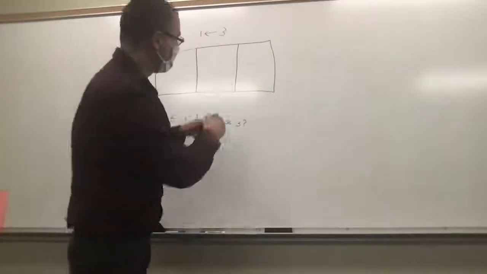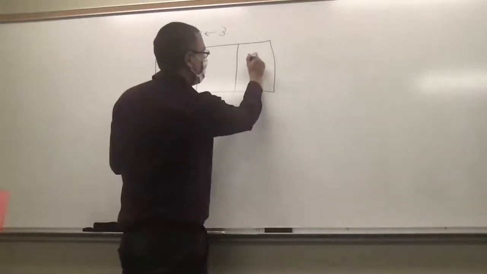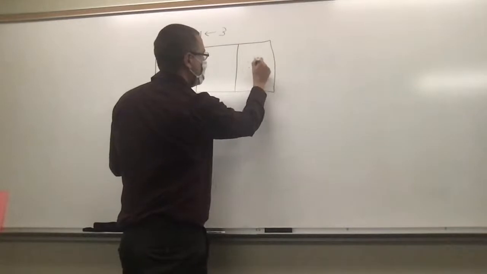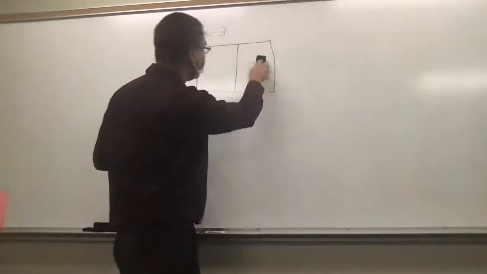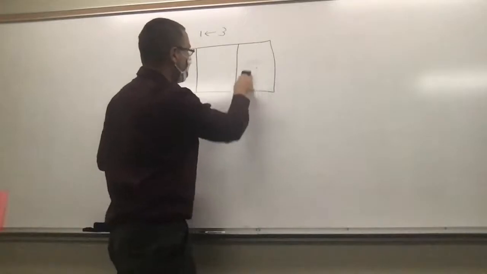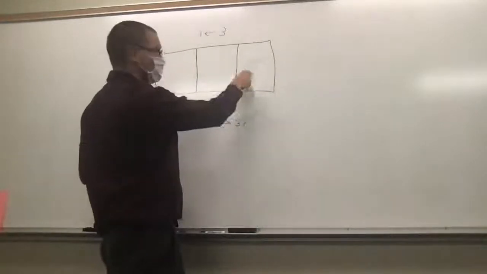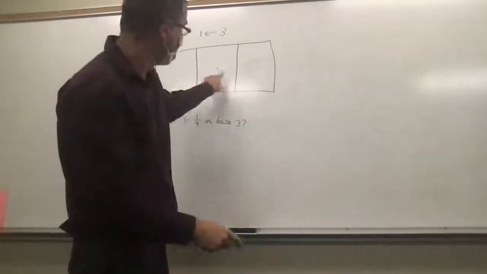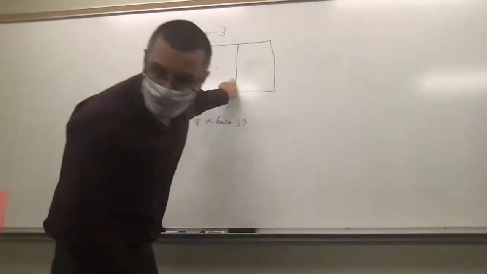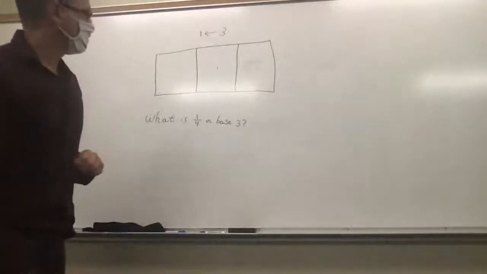So if we put in 4 dots, 1, 2, 3, 4, we have an explosion. 3 of these dots explode, kapow, and they become 1 dot, 1 box to the left, and we're done. So the code for 4 is going to be 1 1 in a 3-to-1 machine.